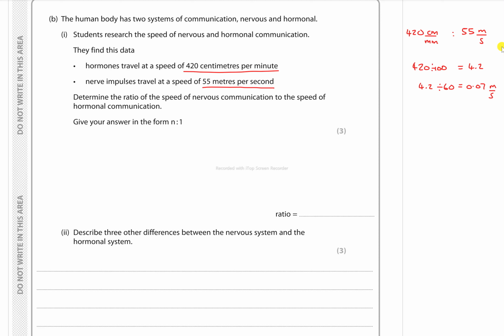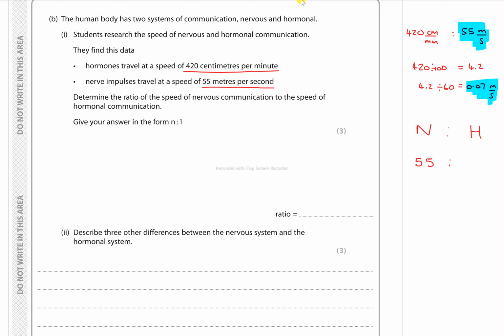Now if you look, that's in meters per second and that's in meters per second, so we can do a direct comparison. So I can write nerves versus hormonal. It is 55.